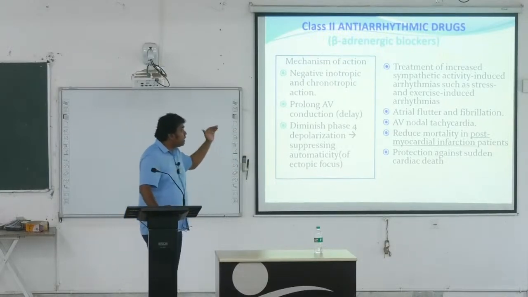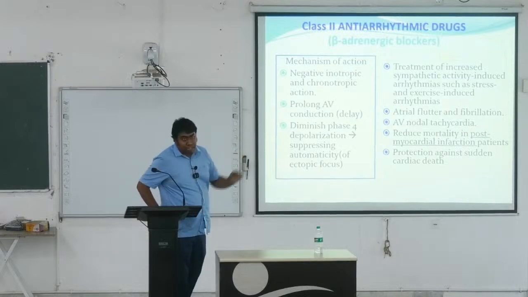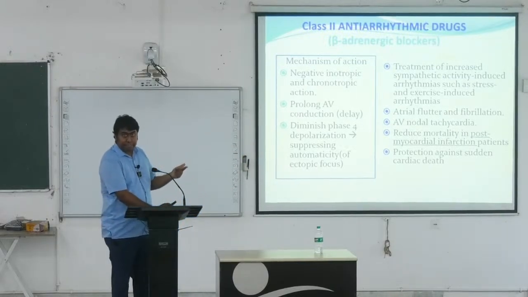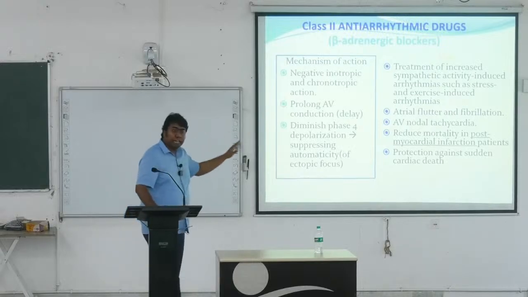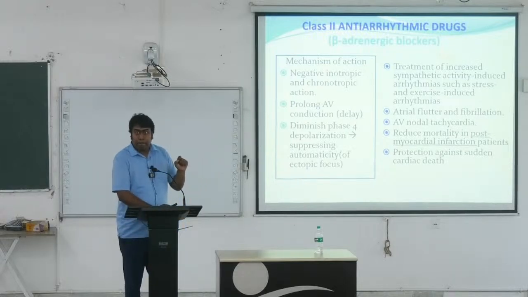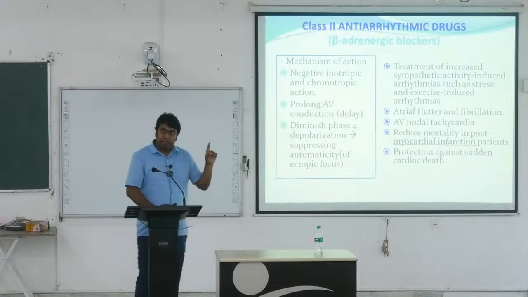রিডিউস মর্টালিটি ইন পোস্ট মায়োকার্ডিয়াল ইনফার্কশন পেশেন্ট। কি দিলে বেশি হয়? ফ্লেকানাইড দিলে, 1C দিলে। কোথায় তাহলে কি দেব? মায়োকার্ডিয়াল ইনফার্কশনের পরে বিটা ব্লকার কেন দিই? একটা তো রিমডেলিং, মনে আছে?